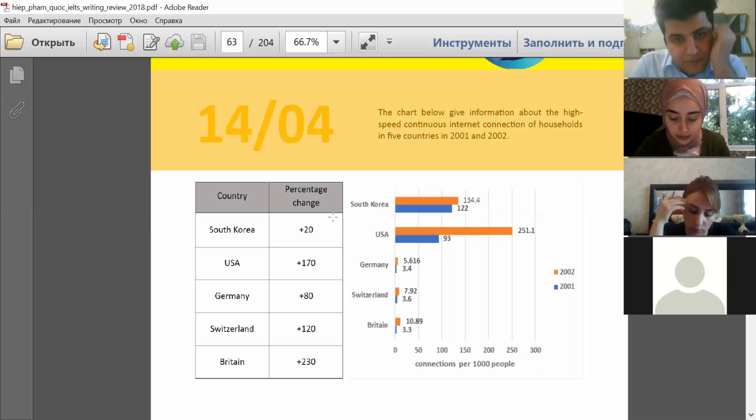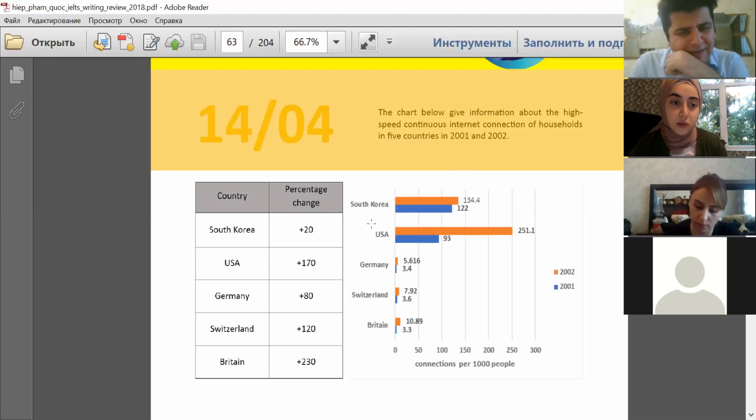Overall, it's crystal clear that USA and South Korea were at the top of the list in both years. Obviously, Britain exceeded the others in terms of the percentage change.